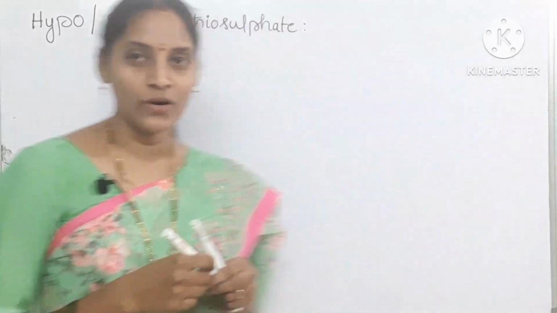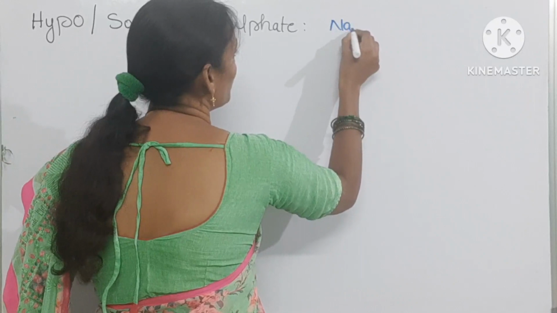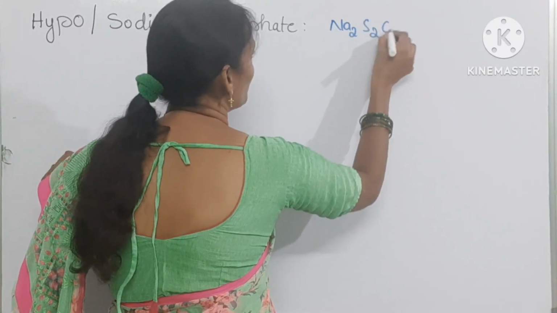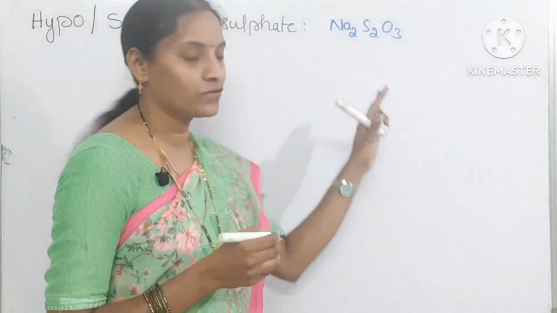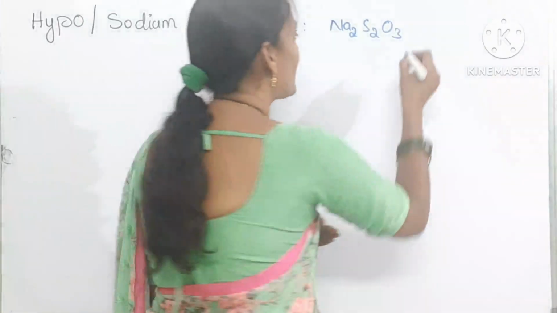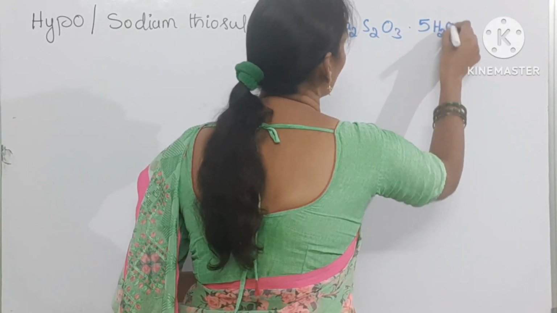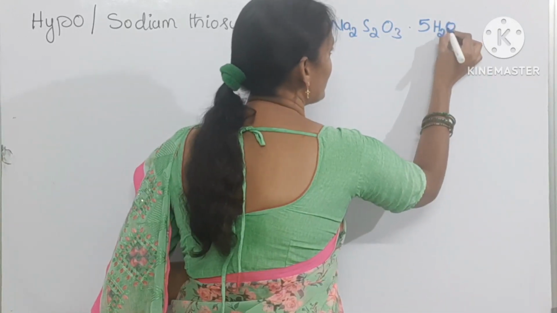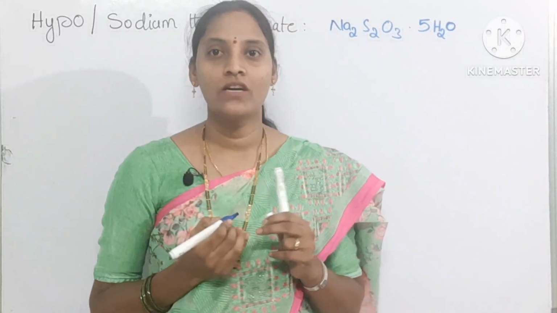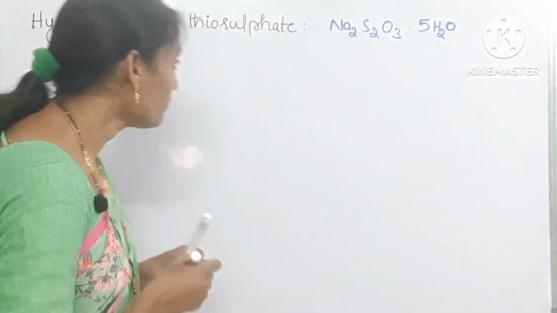Its molecular formula is Na2S2O3. If you take the hydrated form of hypo, you can write it along with 5 water molecules. Yes, this is the molecular formula of hypo or sodium thiosulfate.